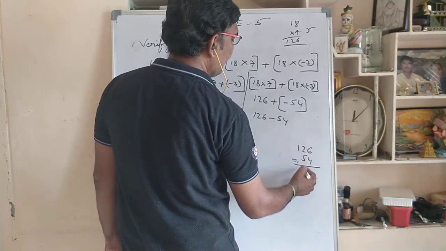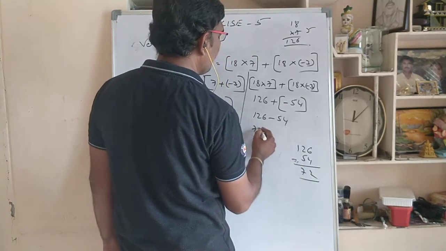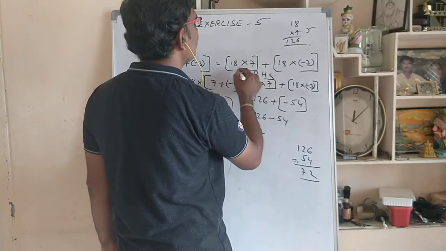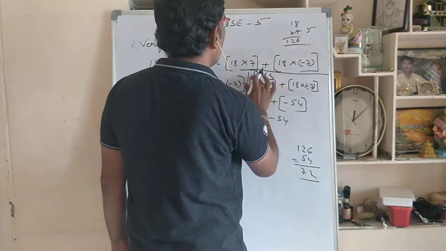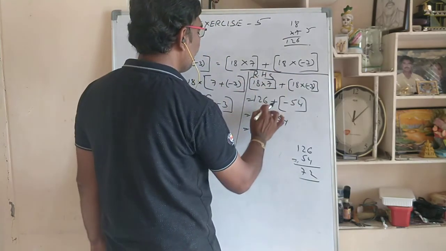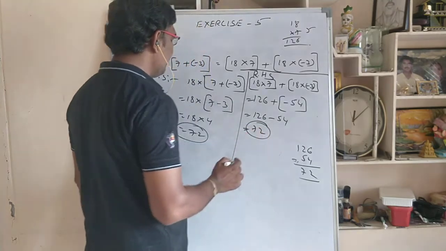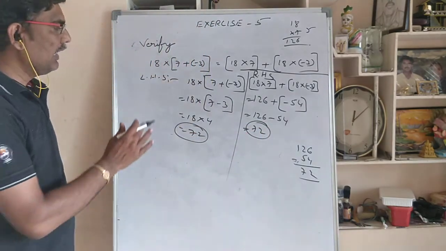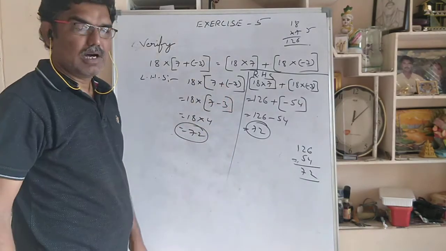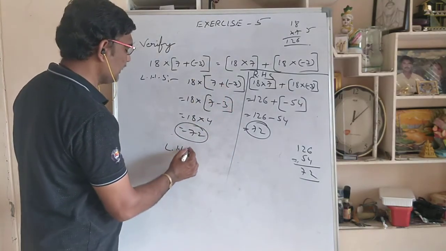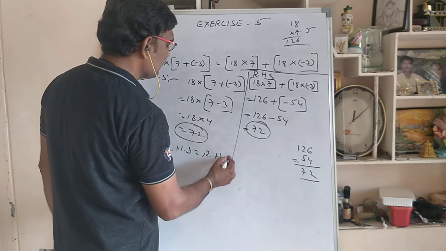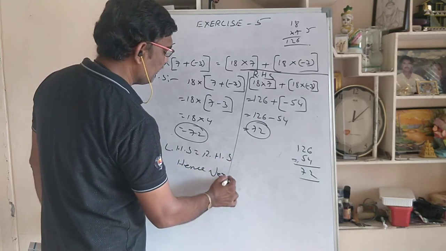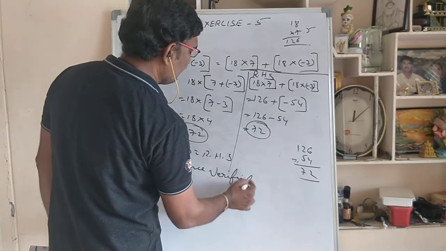Okay. 12 minus 5 is 7. So how much are you getting? 72. This is the RHS. I took the RHS, I simplified, I got 72. The LHS, when I simplified, I got 72. LHS is equal to RHS. Hence verified. Okay.